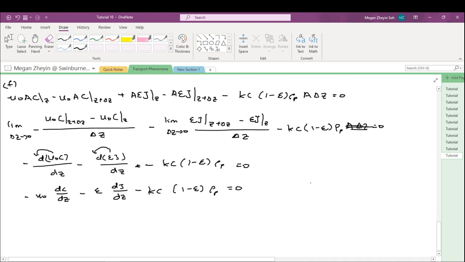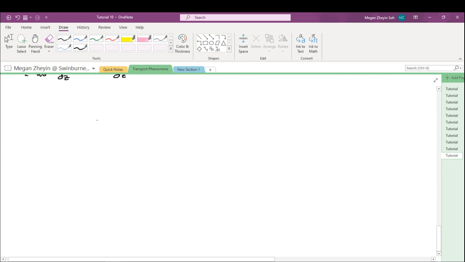We substitute J equals negative D dC/dz, so we get negative U dC/dz minus epsilon d/dz of negative D dC/dz, minus Kc.